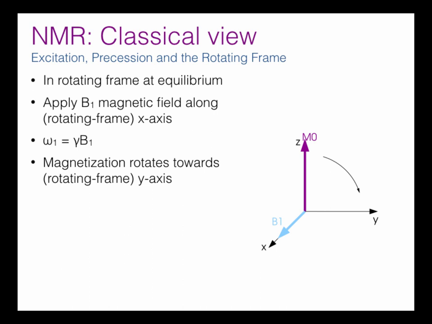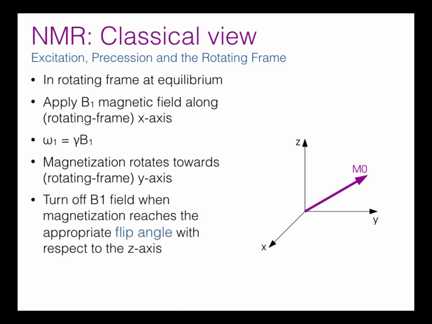Now, that looks like a constant B1, but of course it's in a rotating frame, so it's actually spinning with respect to the main magnet. And it's spinning, which means that it's oscillating in the x direction and it's oscillating in the y direction. So that's why it's considered to be an RF field, because the B1 is basically a magnetic field that's oscillating at hundreds of megahertz.